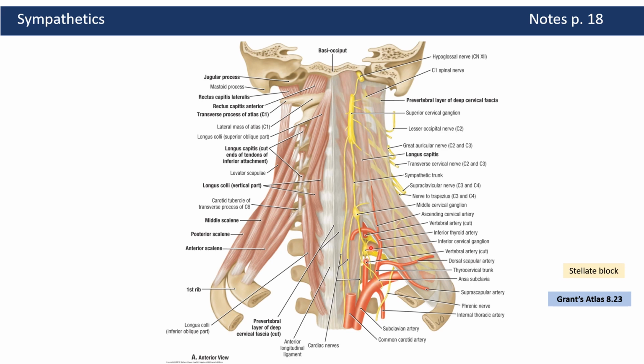Now recall that all of the sympathetics originate in the IMLCC, the intermediolateral cell column. So all of those originate T1 to L2. So sympathetics in the neck and ascend in the face.